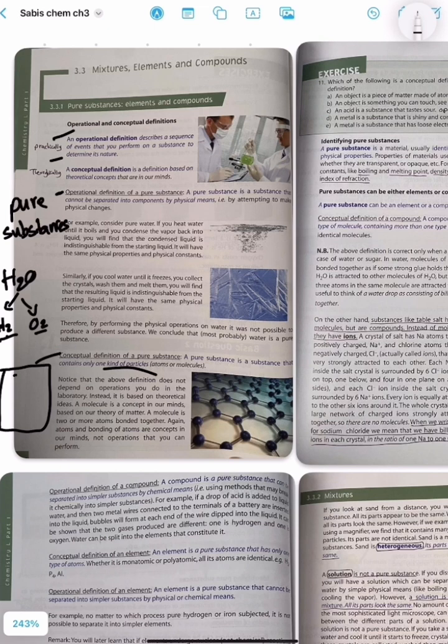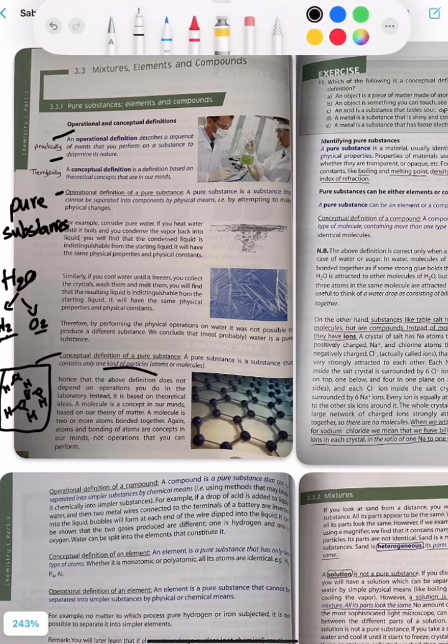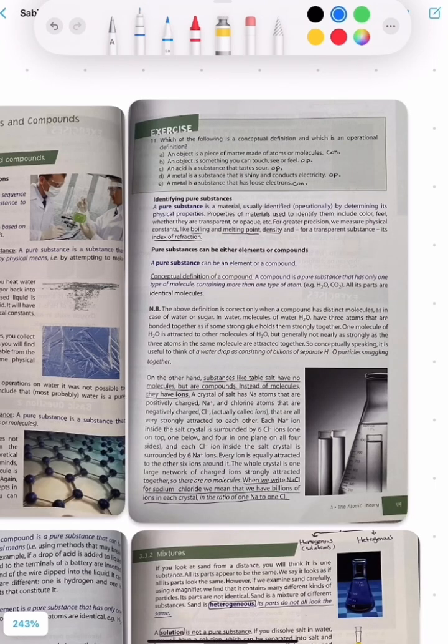You will see that it consists of water molecules alone, because we have only one type of particle or one type of compound, H2O, nothing else inside. We can define this glass of water as a pure substance. In general, a pure substance is a material usually identified operationally by determining its physical properties.